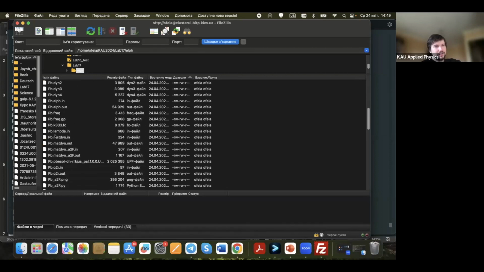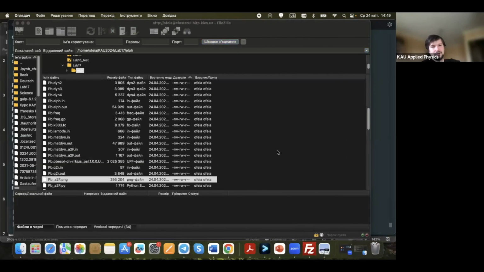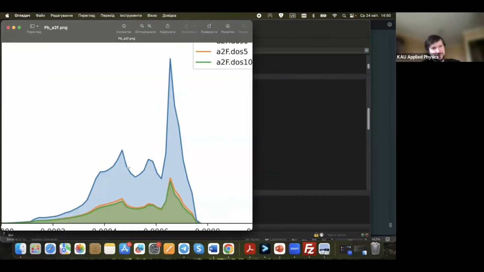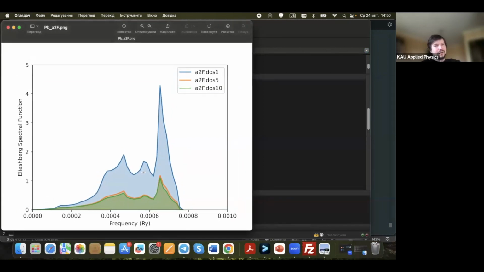I had to find the file, this PNG. Yeah, they are also not perfect, but better than the phonon dispersion. Here we have frequency in Rydbergs, we can calculate it in kilohertz if you want.